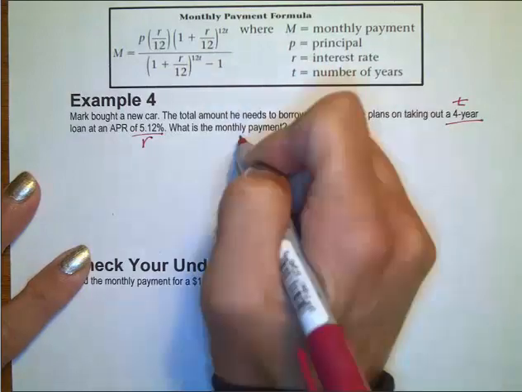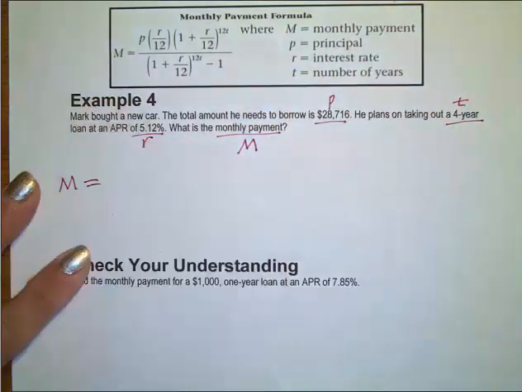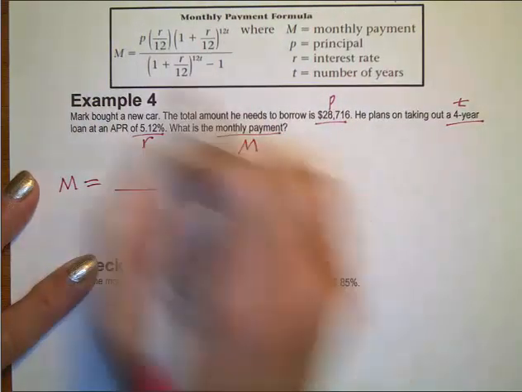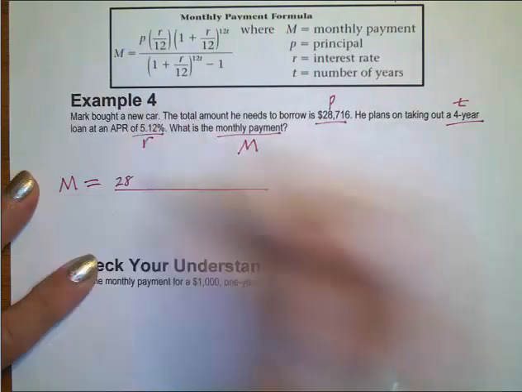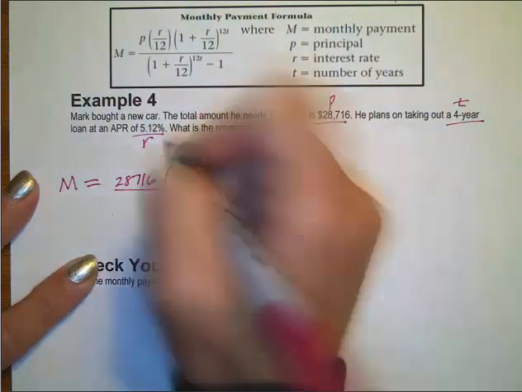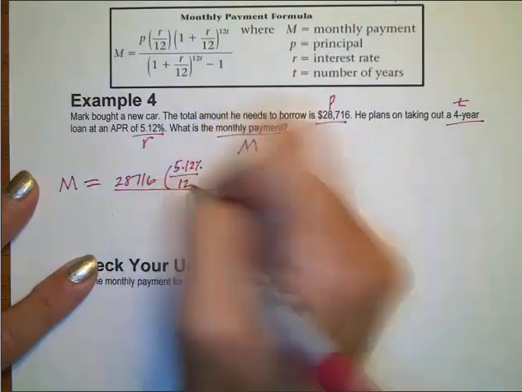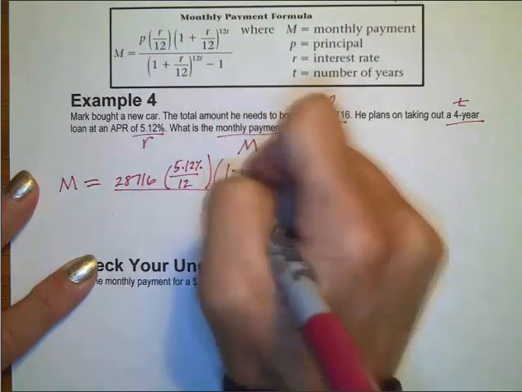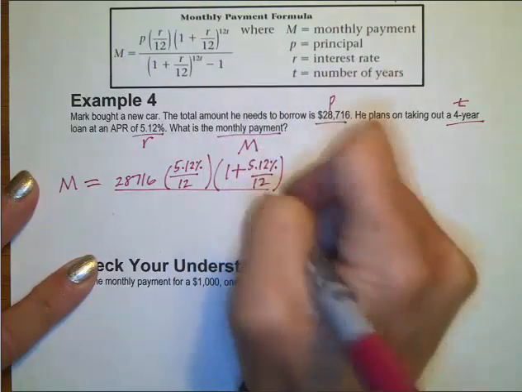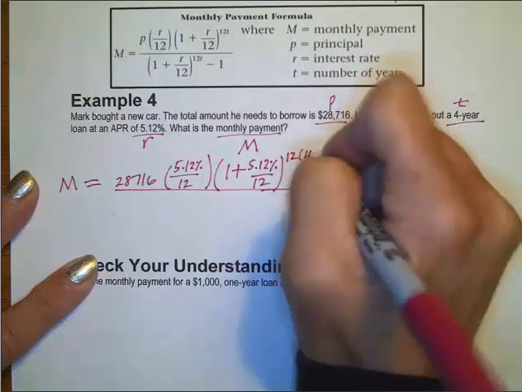What is the monthly payment? So we're looking for capital M. So capital M equals, we're using the equation above, so P, 28,716 times R, so 5.12, don't forget your percent symbol, over 12, times 1 plus 5.12% over 12, raised to the 12 times T, which is 4.